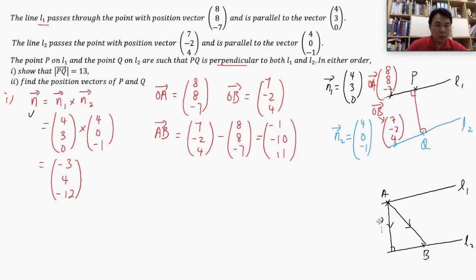This is the directional vector that is perpendicular to both L1 and L2. We are interested to find out the shortest distance between line 1 and line 2. Okay. And then we also know that there's an angle between the position vector AB and the directional vector that is perpendicular to L1 and L2.